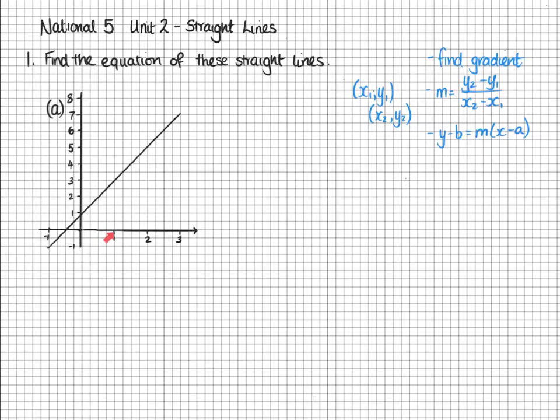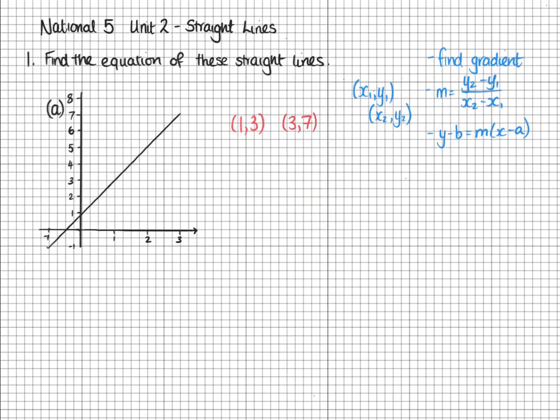The best thing to do would be to pick here, because at 1 we're at 3, so one coordinate point we've got is 1, 3. And another one would be here, so we've got 3 and we've got 7. So we can have 3, 7.